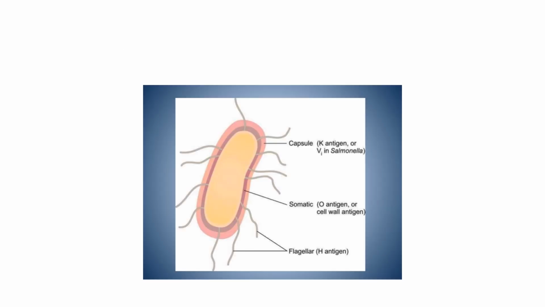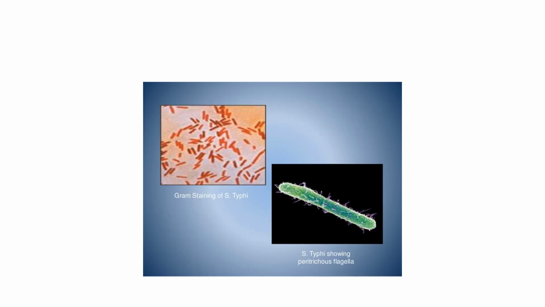It is covered by a capsule, which is a virulence factor for its survival, and mutations in different parts, especially in the capsular antigen, are very important for it to become drug resistant. It looks like this under the microscope.